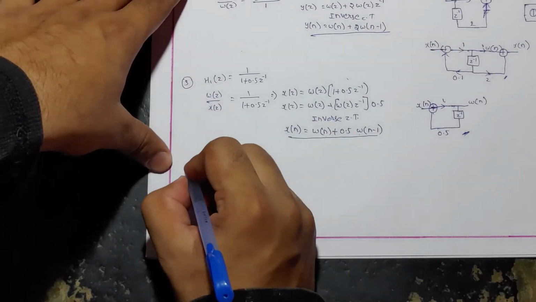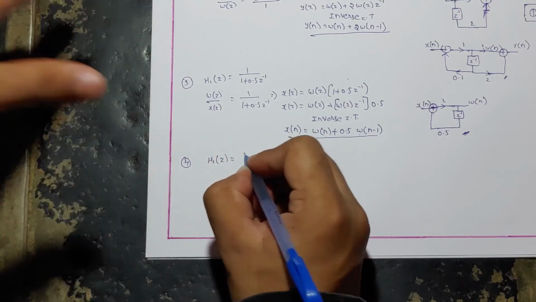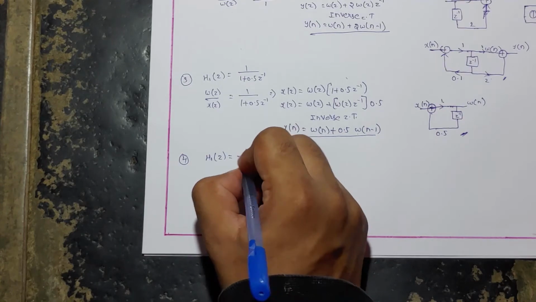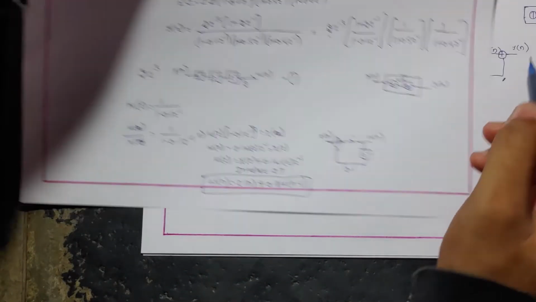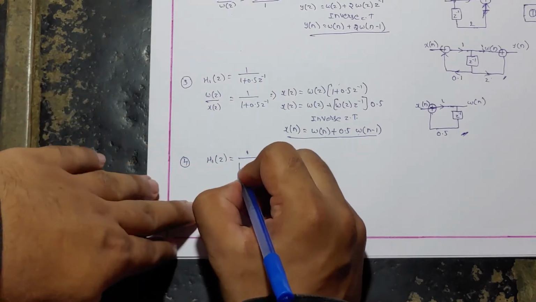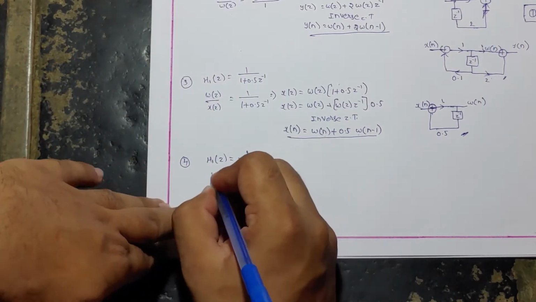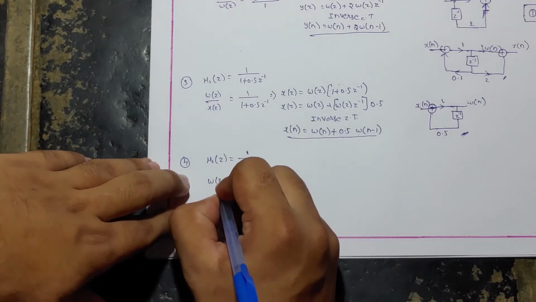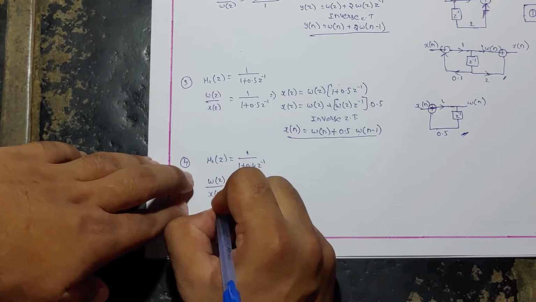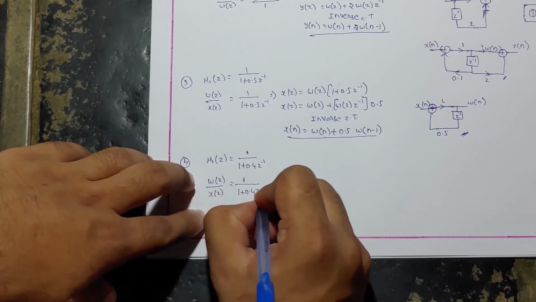Now let us do the last set of equations, that is h1 of z is equal to 1 by 1 plus 0.4 times z inverse. As this was the input function, w of z is the output and x of z is the input, which is 1 by 1 plus 0.4 times z inverse.